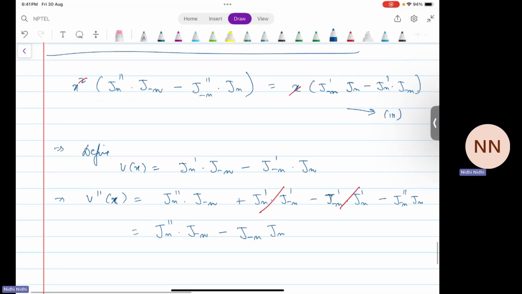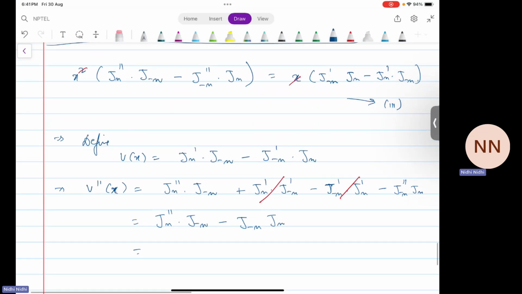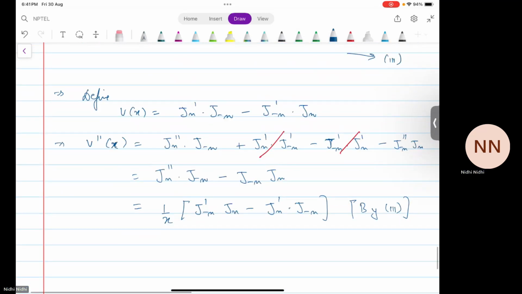So by equation 3, this is equal to 1/x times (J_{-n}' J_n minus J_n' J_{-n}), and this is equal to minus v(x)/x.